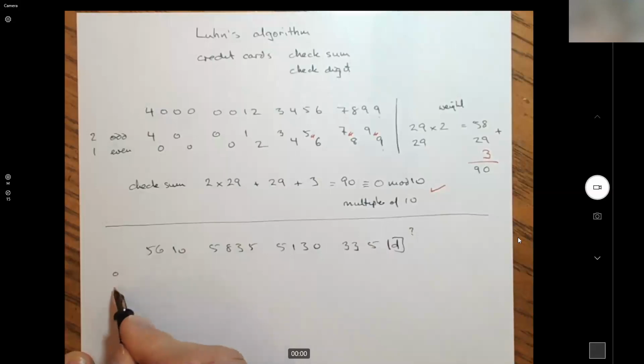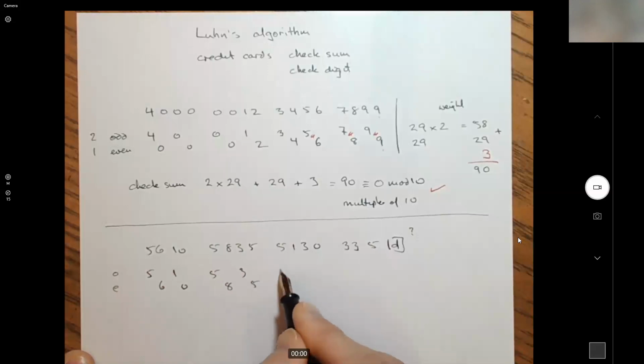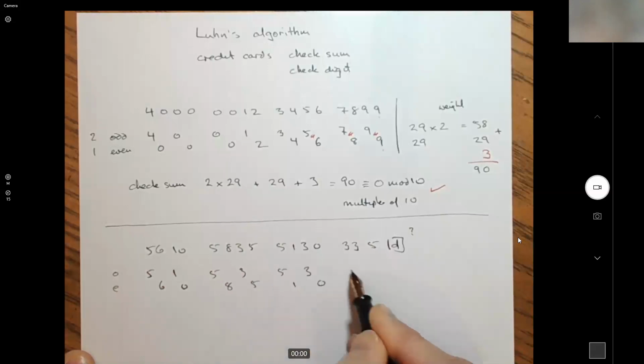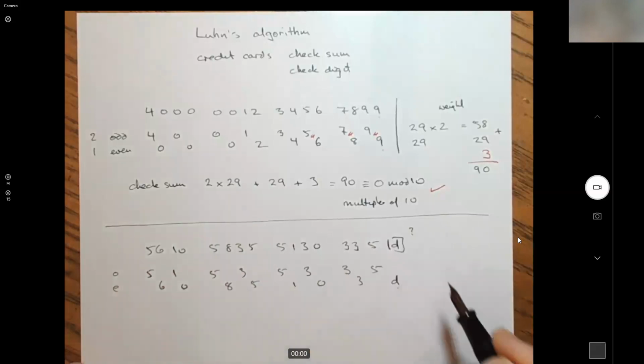So again, we split into the odds and evens, odd positions and even positions, so it's easy to do it this way: 5, 6, 1, 0, 5, 3, 5. And the check digit down there.